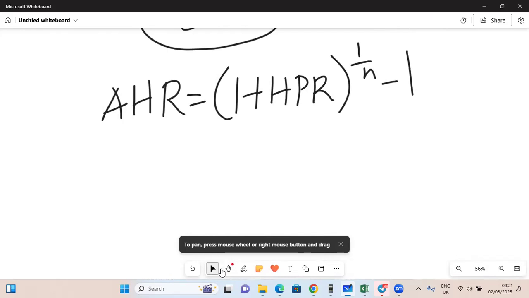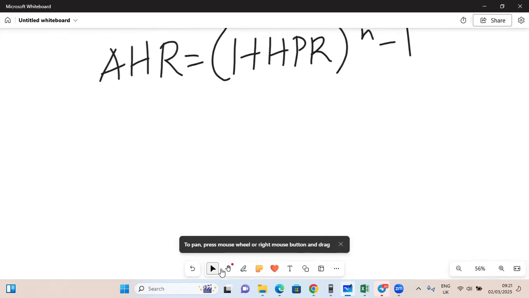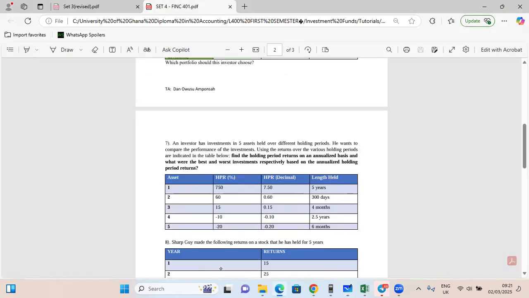Now let's start with asset 1. Asset 1 has a holding period return of 7.5. Then n is the number of years, so we are having 5 years here.